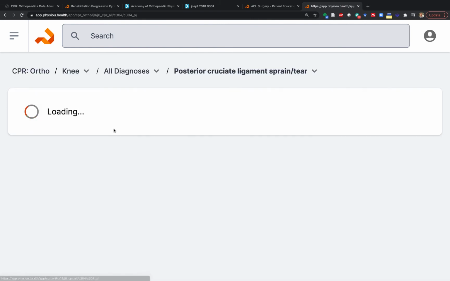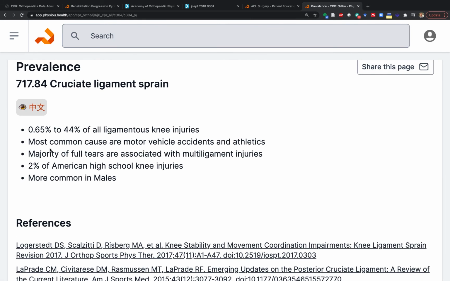If you look at the prevalence, most common causes are motor vehicle accidents and athletics. 2% of American high school knee injuries, more common in males. Okay, a majority of the full tears are associated with multi-ligament injuries. So here's 0.65% to 44% of all ligamentous knee injuries.